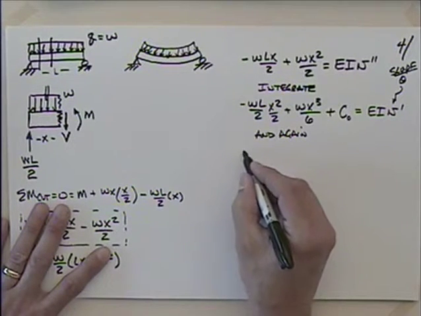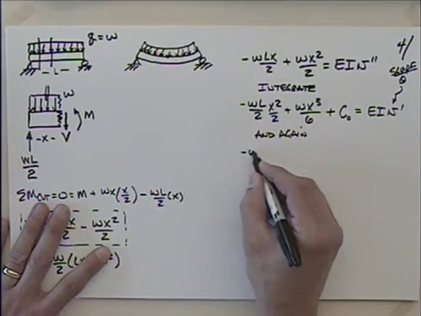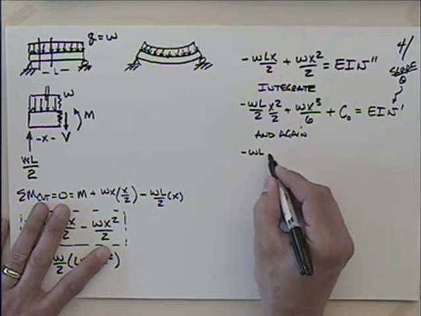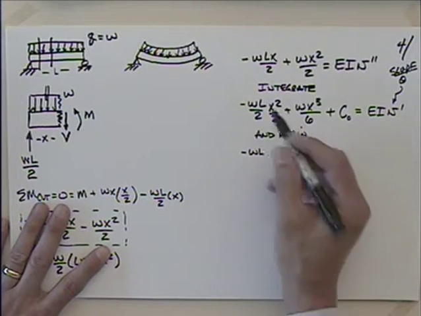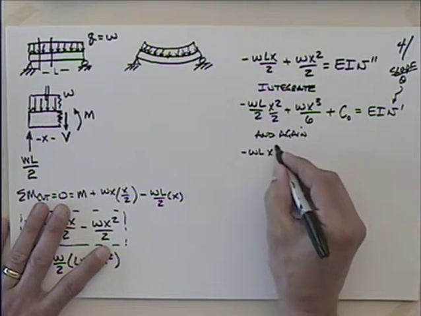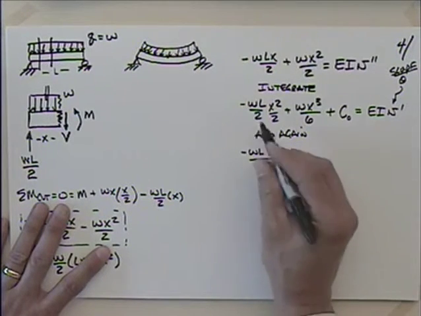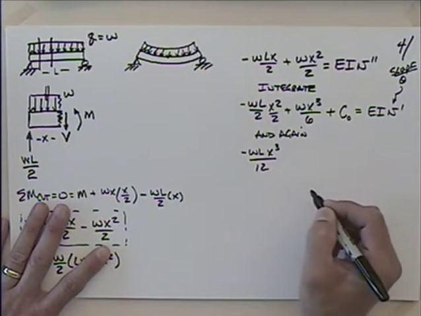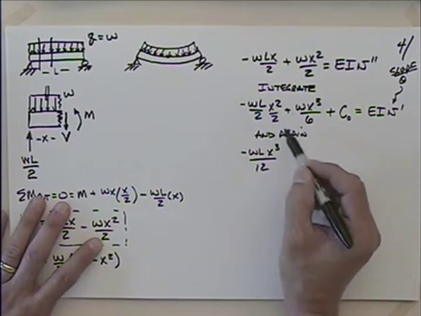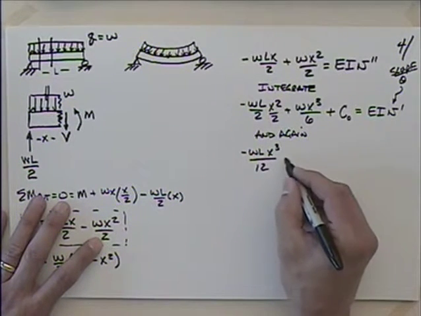So doing this again, I have minus WL, let's see, this will be x cubed, and I'll end up with 12 in the denominator, right? 2 times 2 is 4 times the 3 is 12.